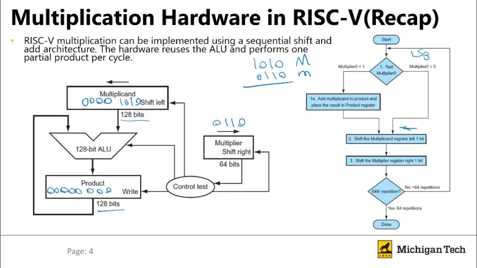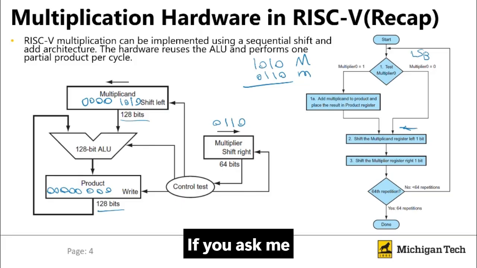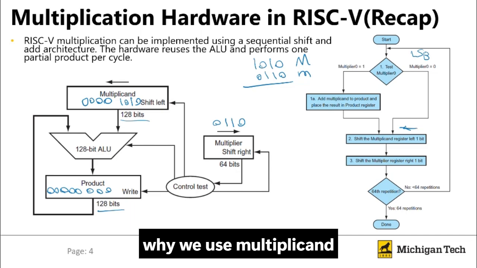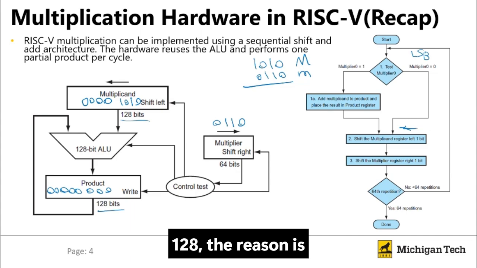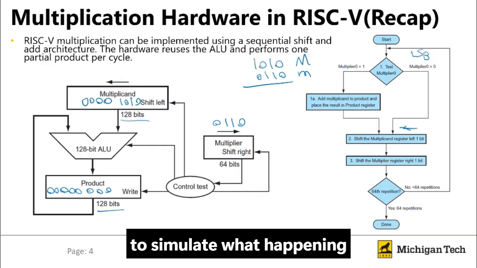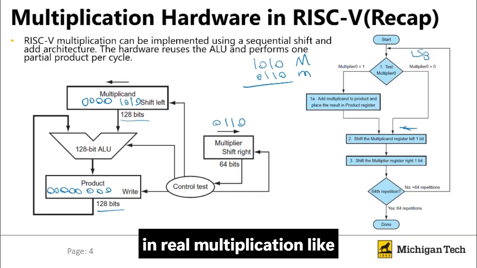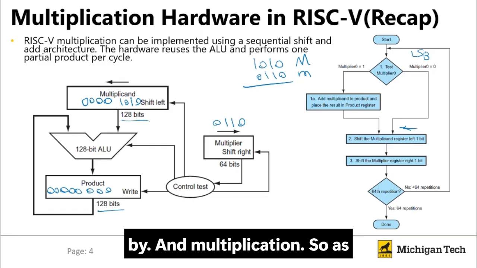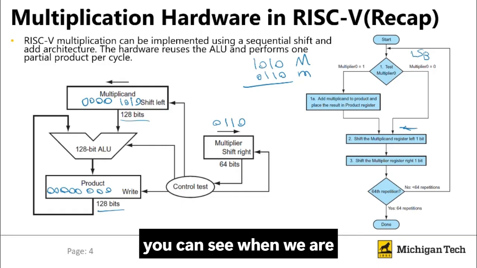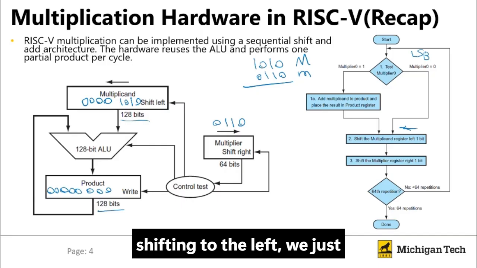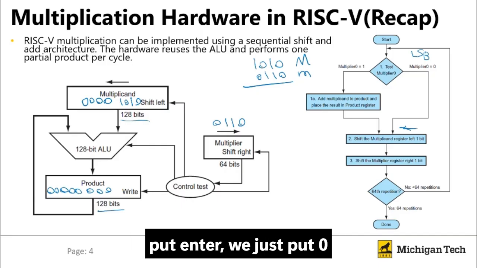If you ask me why we use a 128-bit multiplicand, the reason is that we need to shift it every time to simulate what's happening in real multiplication by hand. As you can see, when we are shifting to the left, we just put 0 here.